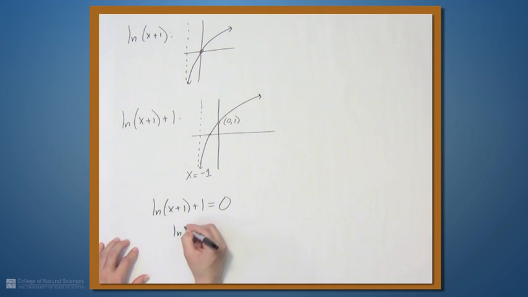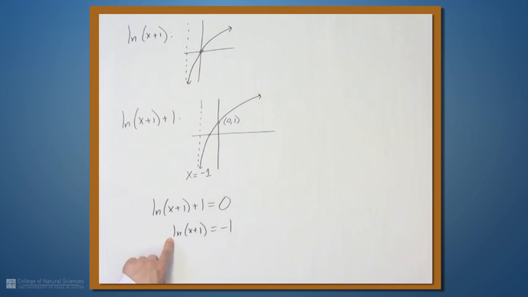We get natural log of x plus 1 equals negative 1. Now, remember that natural log of x and e to the x are inverse functions. So if we want to cancel this natural log, we take e and raise it to whatever we see over here, and we take e and raise it to whatever we see on the right-hand side.